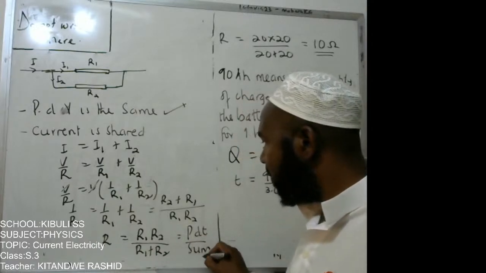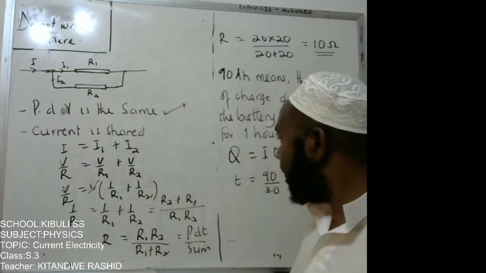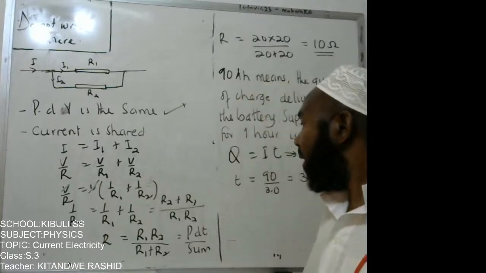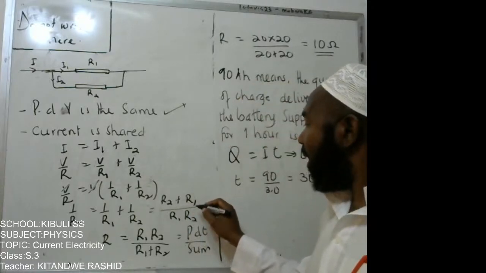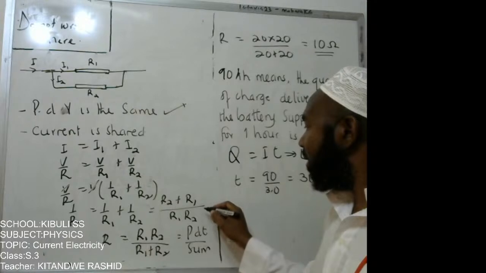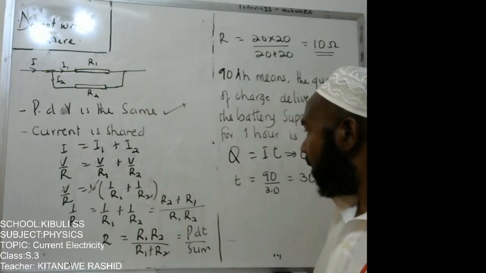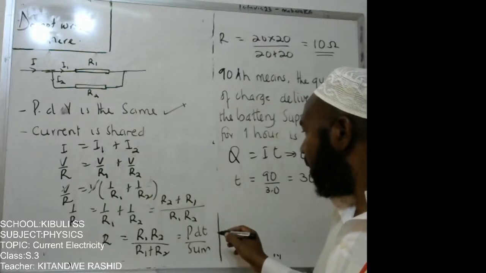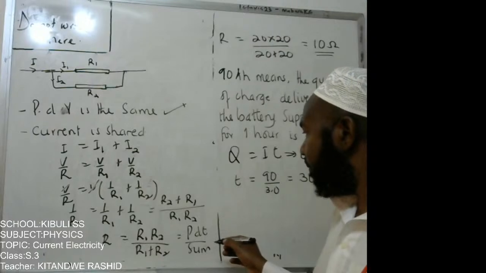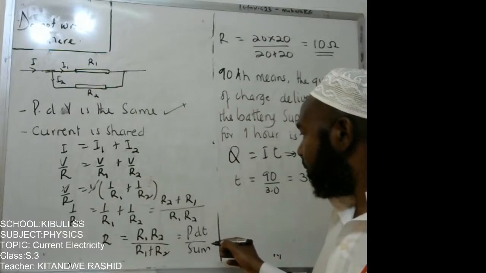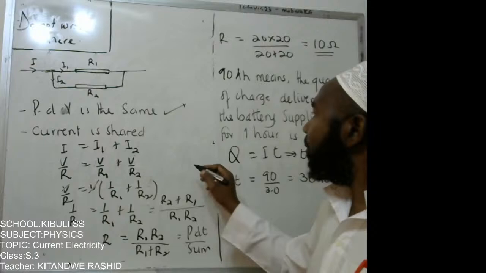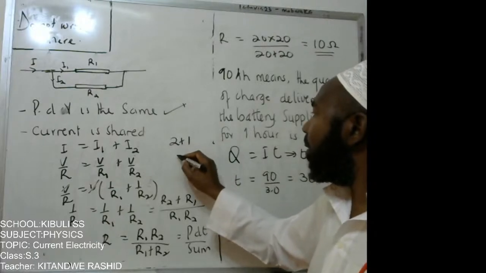Teacher, I think you made a mistake. Because you said R2 over R1 is the same as R2 plus R1, then out of R1 R2. Then here you said R1 out of R1 plus R2. Like the product, the other one on the first LCM. You see, 2 plus 1 is the same as 1 plus 2.